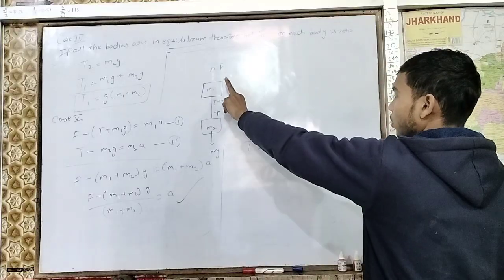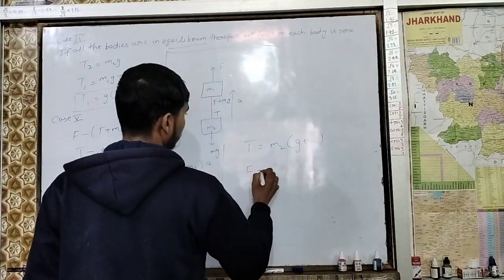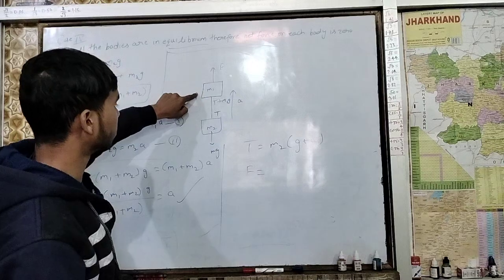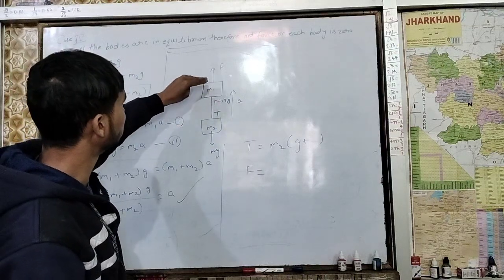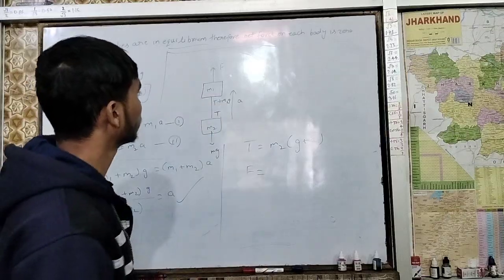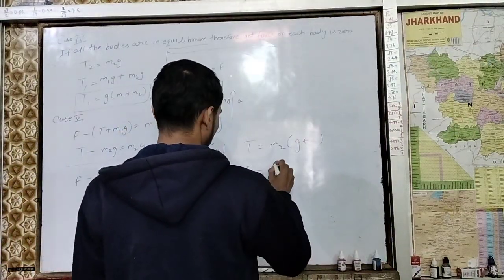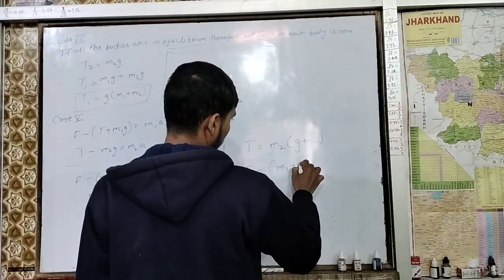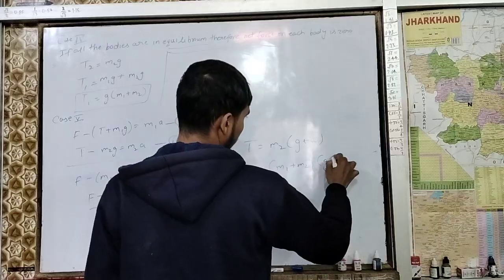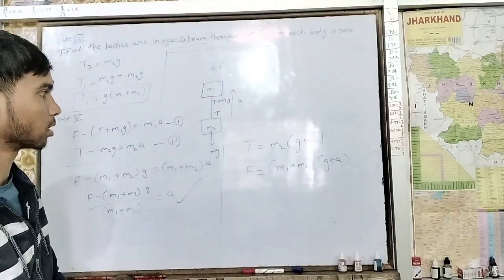And for m1 we have m1 into g plus a. Here total mass and total g plus a, because a is upward and g is downward.